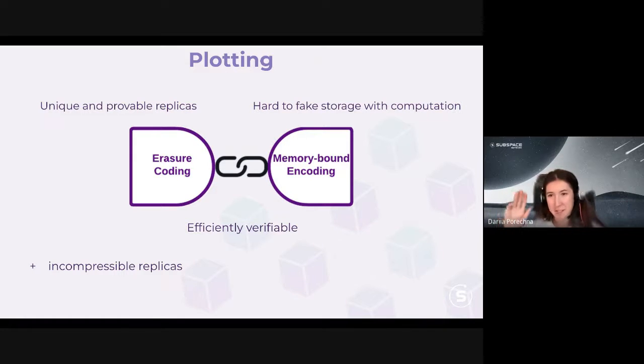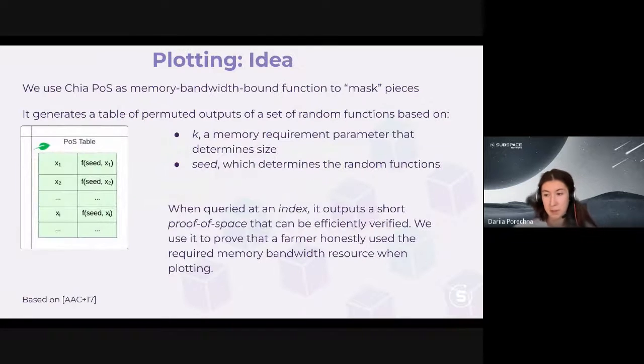So plotting rests on two core ideas as well: erasure coding, yet again, and memory bandwidth bound encoding. The combination of these two lets us have unique and provable replicas at each farmer that are also hard to fake with computation, hard to compress, and efficiently verifiable. So let's see how we actually achieve that.